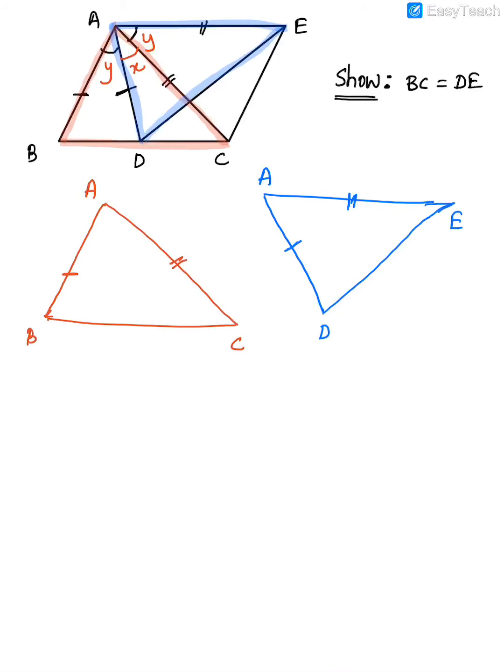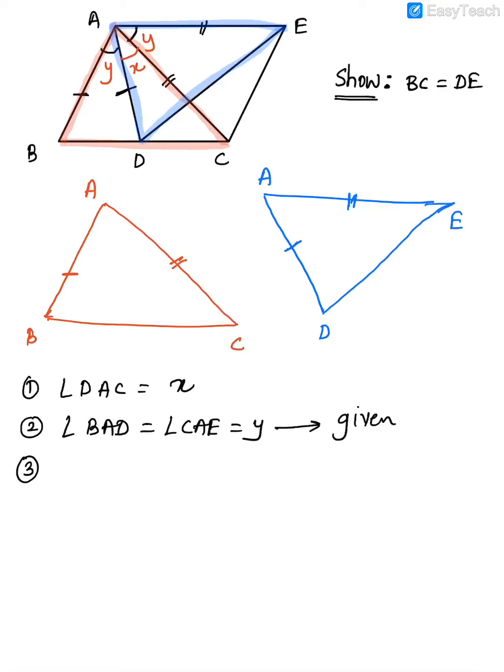So look how to prove all this now. The first statement, let angle DAC be equal to X. Number 2, angle BAD is equal to angle CAE is equal to Y. Reason, it's given in the question.